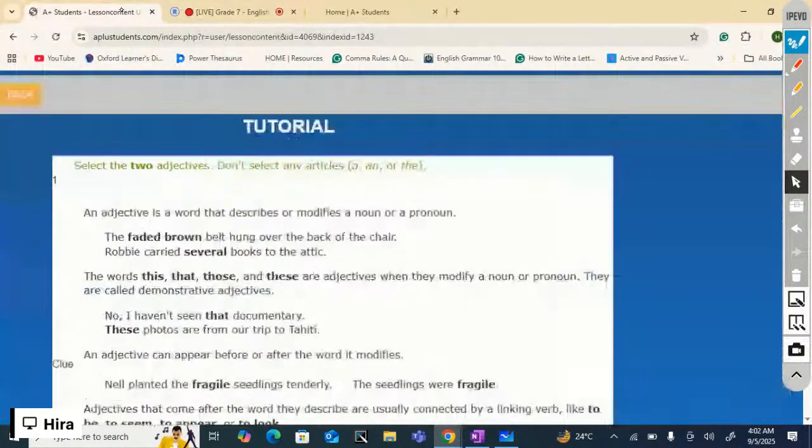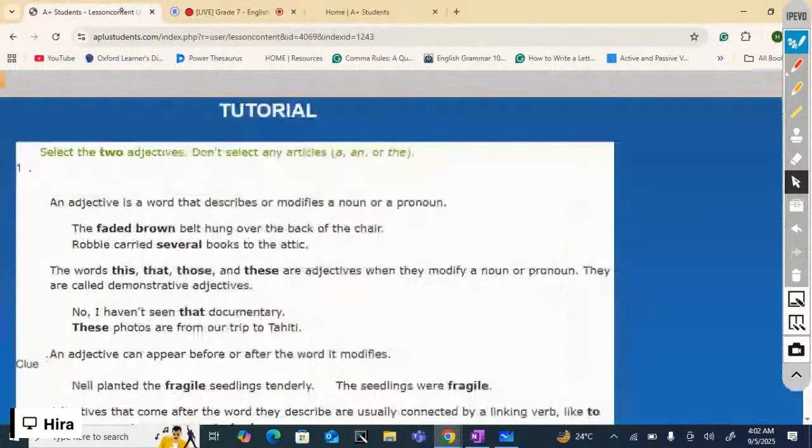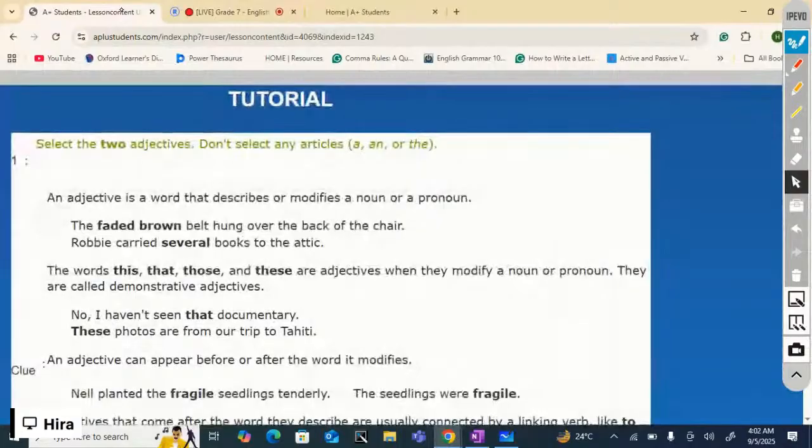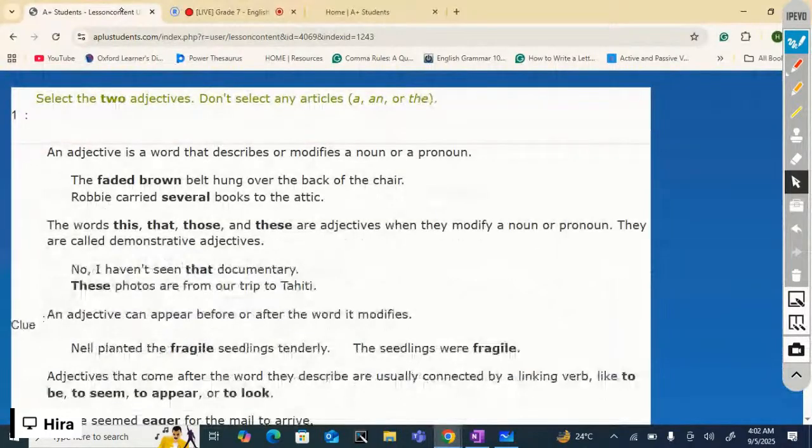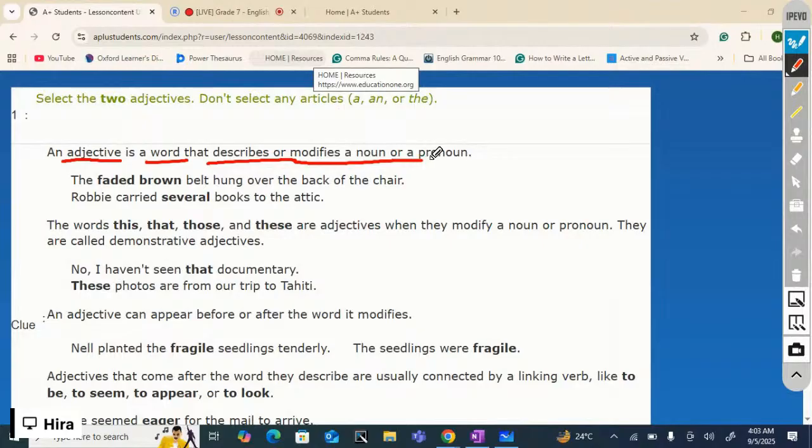Well, let's learn what is an adjective. I hope you're all familiar with this word. An adjective is a word that describes or modifies a noun or a pronoun.